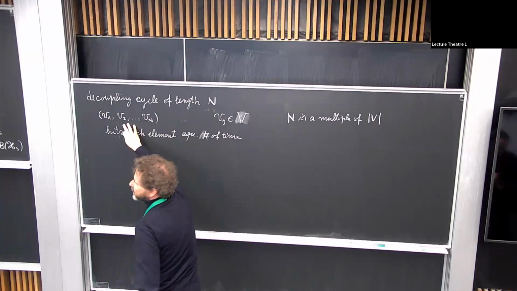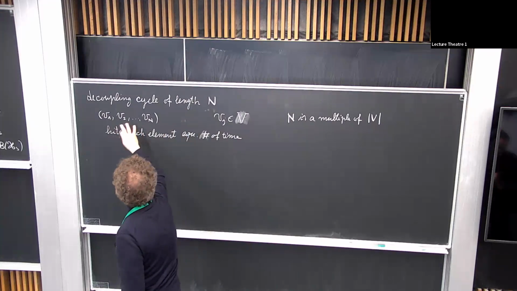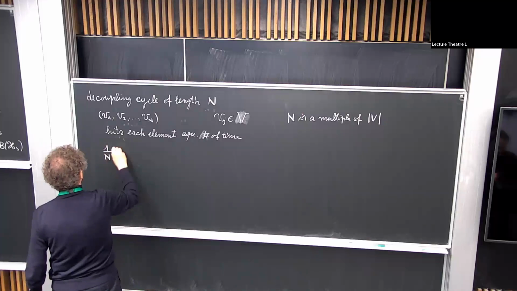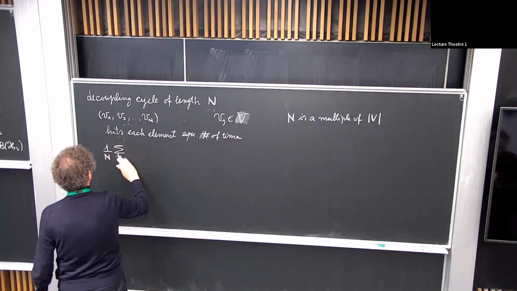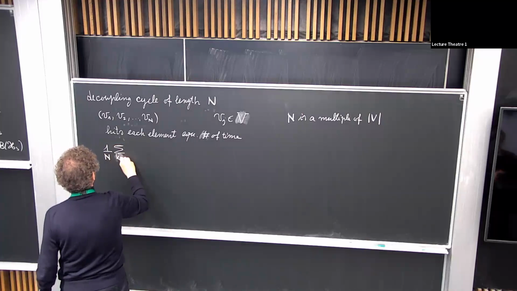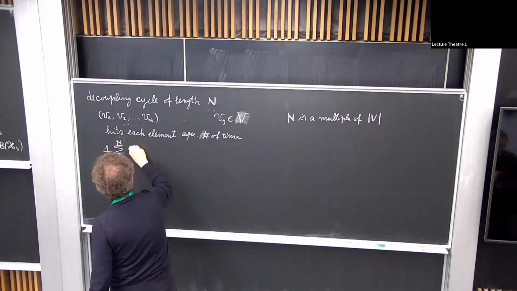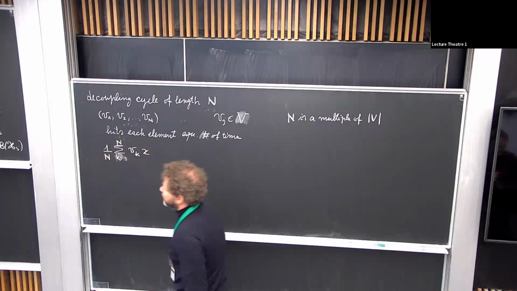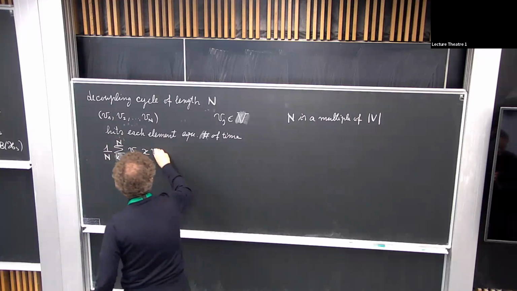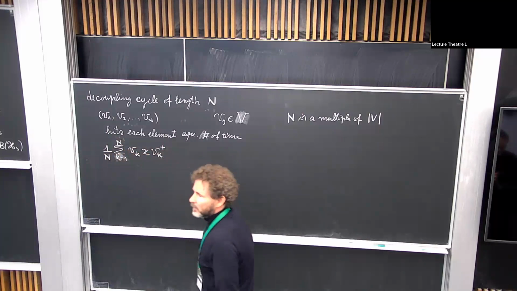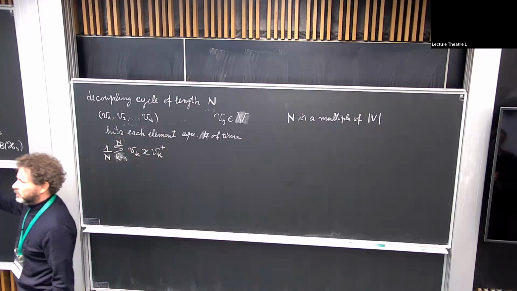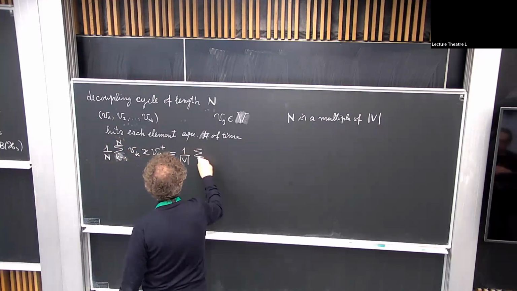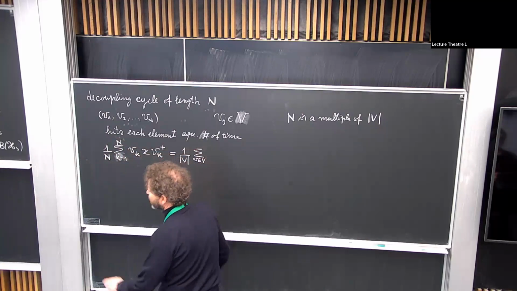Because it's immediate to see that if I take a decoupling cycle and average an operator over it, this is nothing but the average over the group, sorry, over the decoupling set.